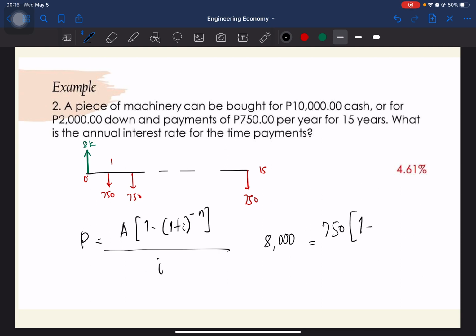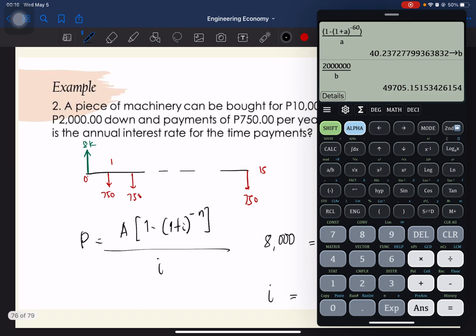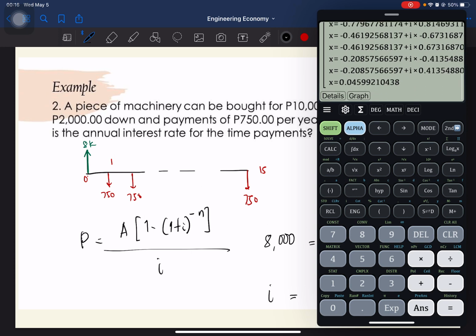Okay? 1 minus 1 plus the annual interest rate ay ilang years? 15 over I. So, I is equal to... sorry, 15 pala. Shift solve. So that's it.